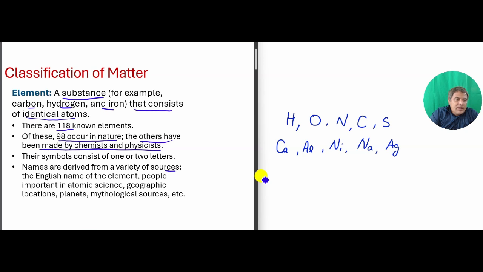The names are derived from a variety of sources: the English name of the element, people important in atomic science, geographic locations, planets, mythological sources, etc. When scientists give their names, elements are named in different ways. Some are English names, and some are named after important people, for example curium. Americium and francium are from place names. Some are from mythological sources, and some from planets, plutonium for example.